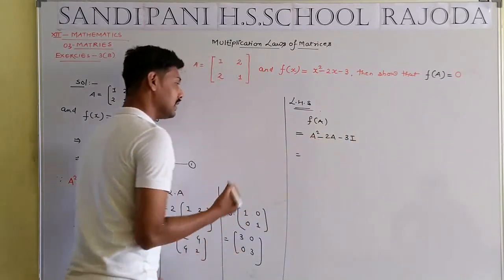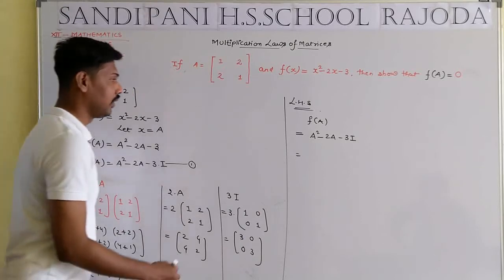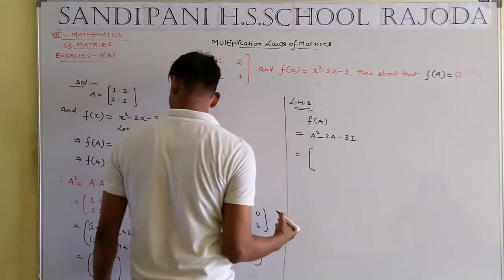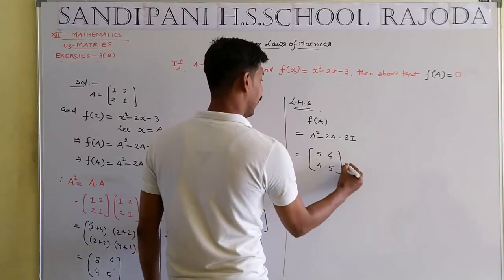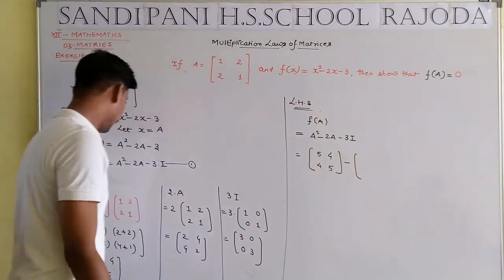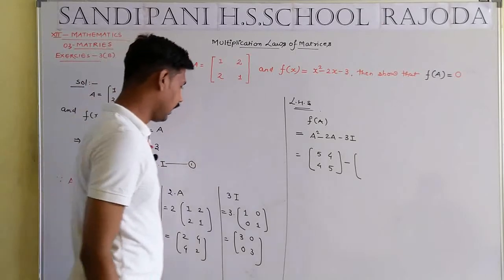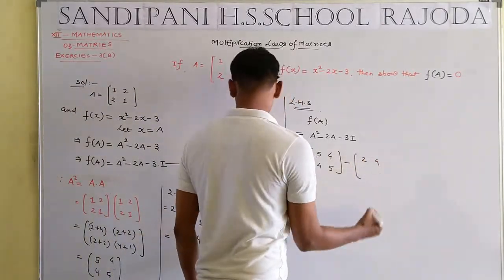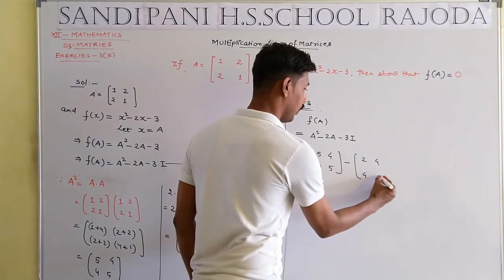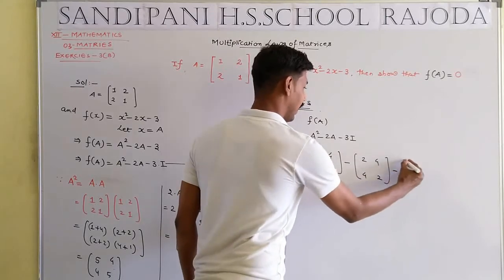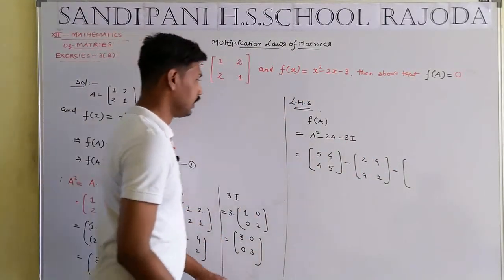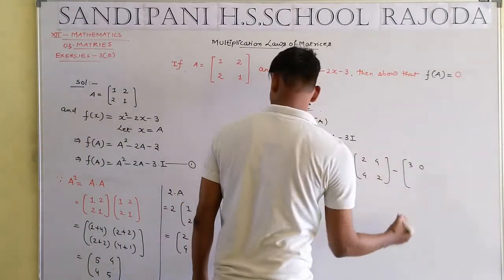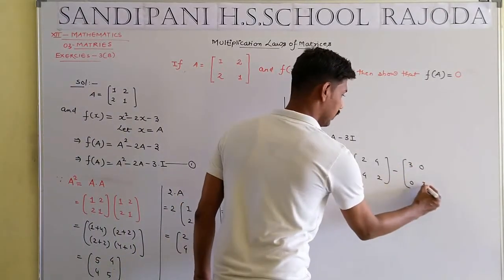The value of A square is [5 4; 4 5]. What is the value of 2A? That is [2 4; 4 2]. And finally 3I, that means [3 0; 0 3].